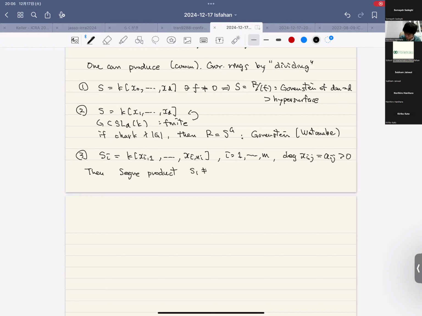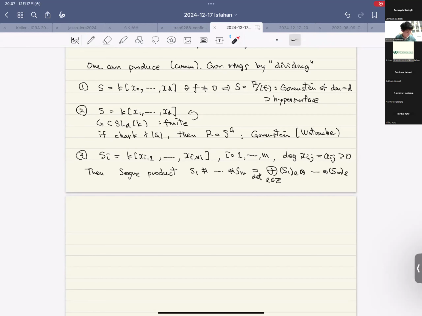Denoted in this symbol, which is by definition the tensor product of each degree component. We look at each degree component, take the tensor product, and take the direct sum along all these integers.